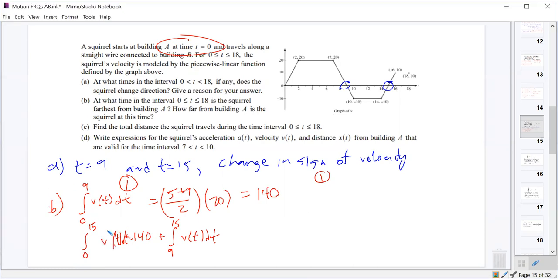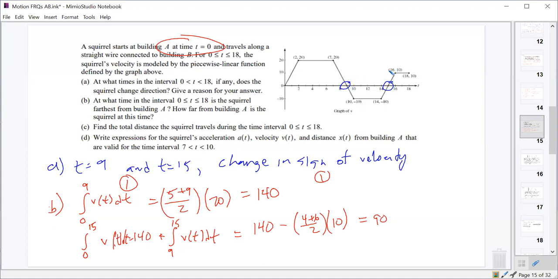So that becomes what? 140 minus, because this is all negative, and then it's 4 and 6 over 2 times the height of 10 for the trapezoid. So it looks like that is 140 minus 50, which is 90.